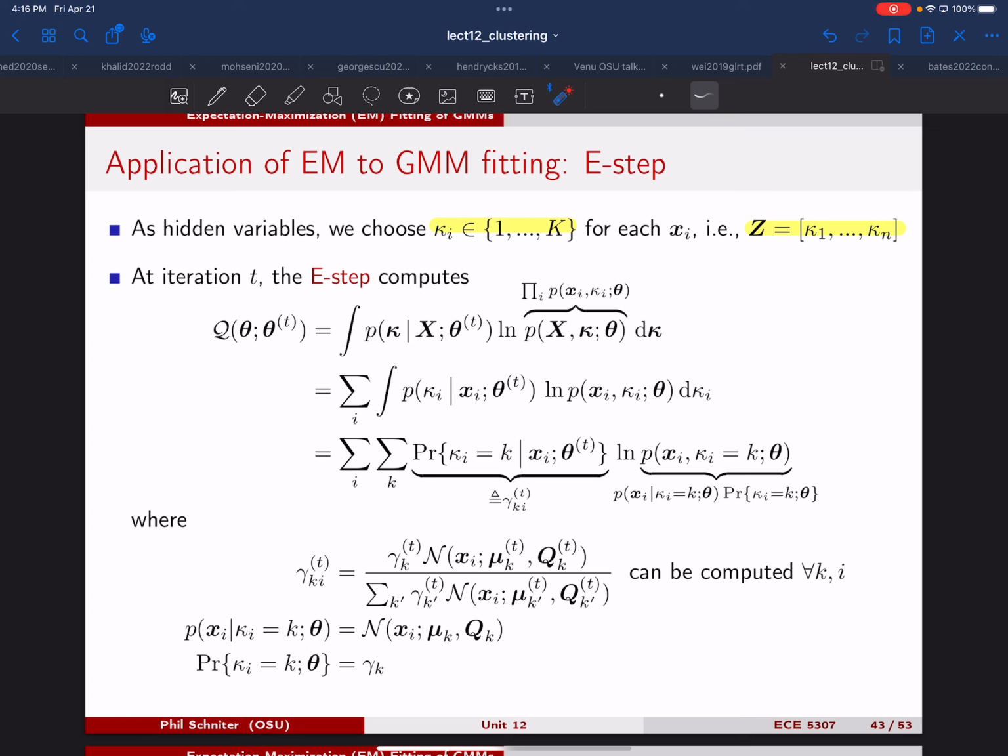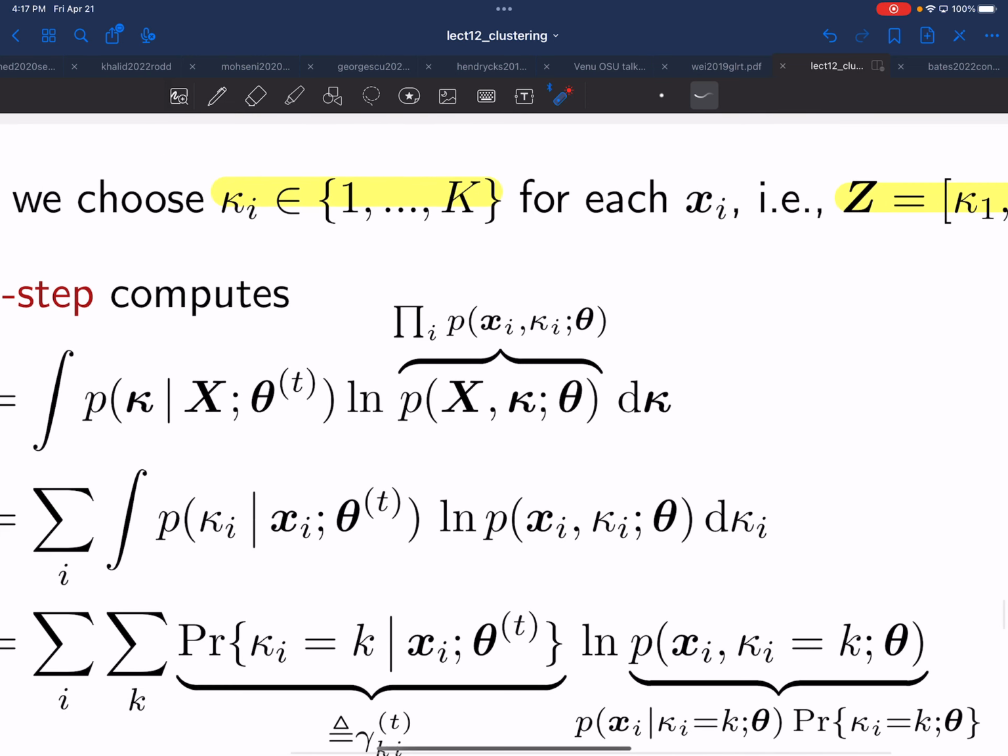So I rewrote the definition of Q. Instead of Z, I put in kappa everywhere. So now we have to try to simplify. The first thing we see is here's our data. It's the joint distribution of our data samples X and our kappa random variables. We're going to assume that all our Xi's are independent, as are our kappas.